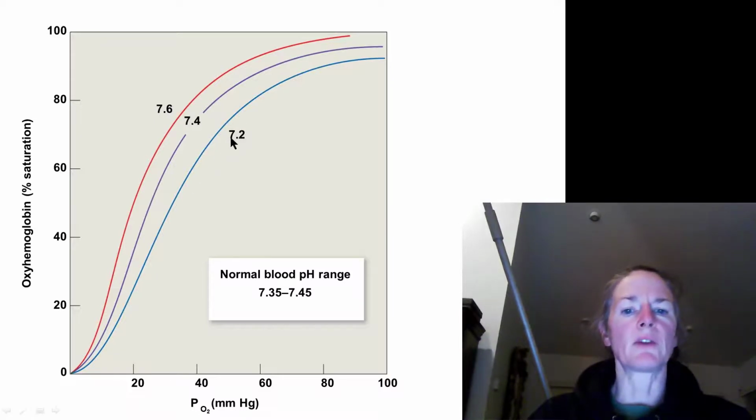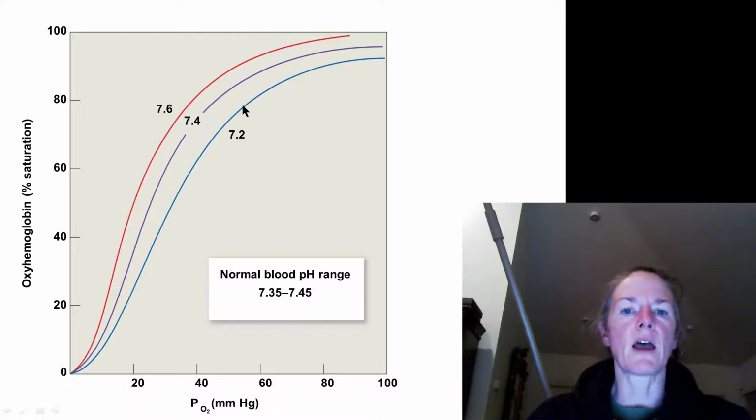When we get down to about 7.2, notice that we're letting go of our oxygen much sooner, so that by the time we reach 60 partial pressure of oxygen, we're only about 80% saturated, where at normal physiologic pH it will be closer to 90%.